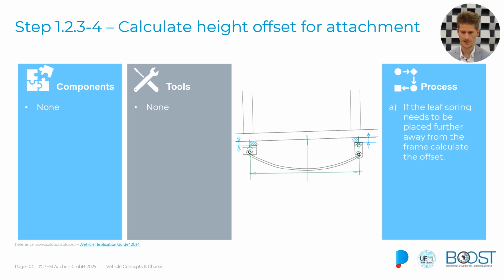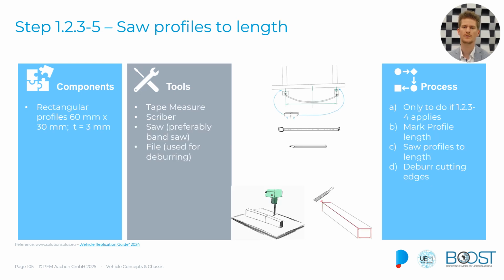Once the height has been calculated and established, we recommend using profiles again to get the right height. We would use again the rectangular profiles we've seen before with 60 by 30 millimeters section, and we will use the tape measure, scriber, saw, and file.